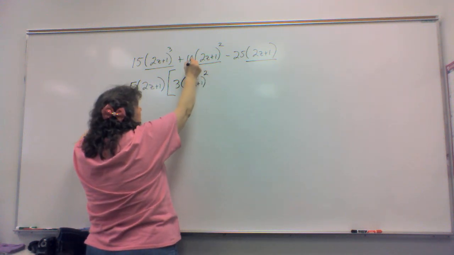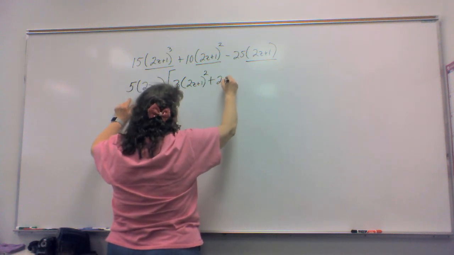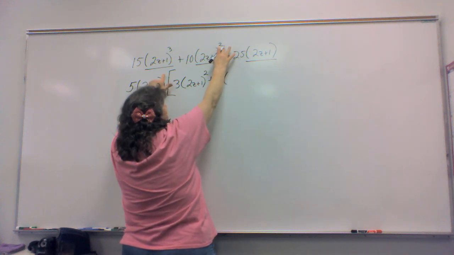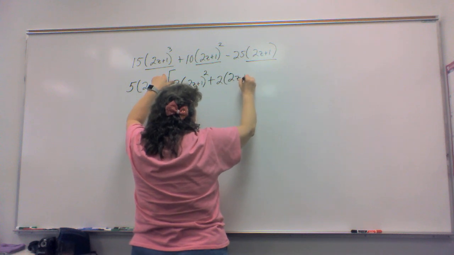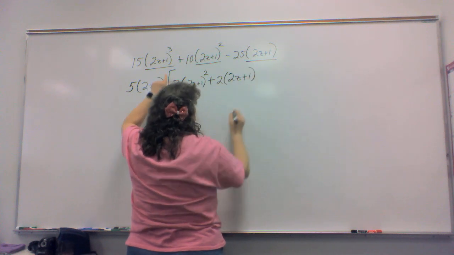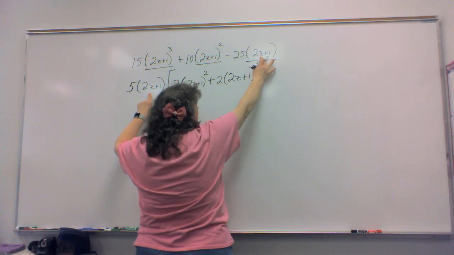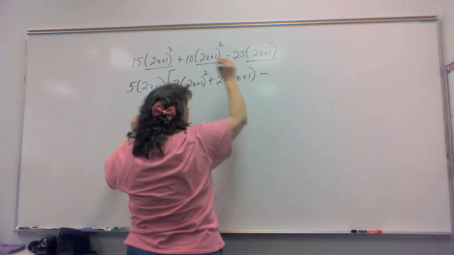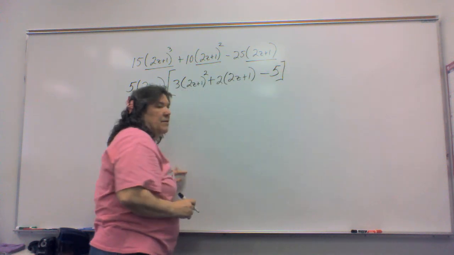Okay, 10 divided by 5 is 2, so that's a plus 2, times (2z plus 1) squared divided by (2z plus 1) to the first. 2 minus 1 is 1. So you're left with (2z plus 1), and then minus (2z plus 1) divided by (2z plus 1), which is exactly the same, so 25 divided by 5 is 5. And there it is.